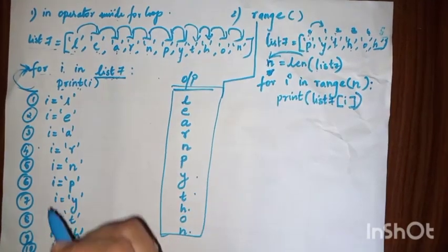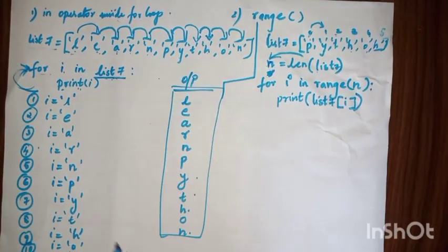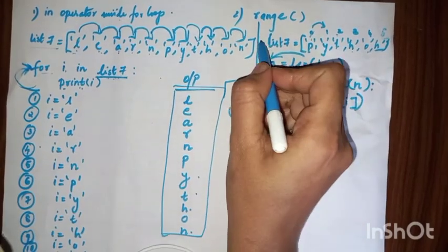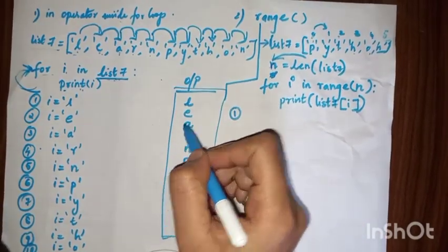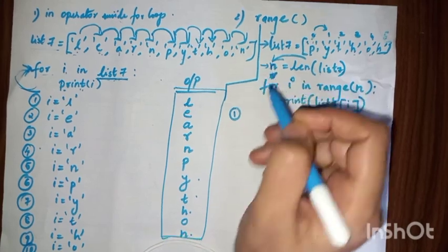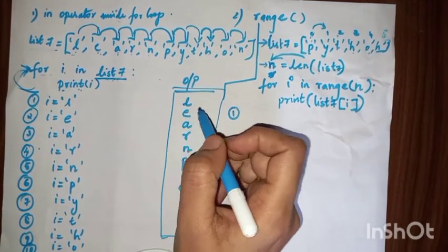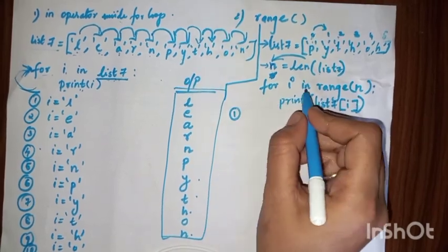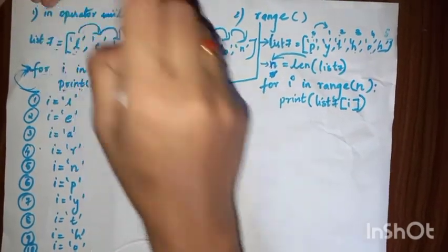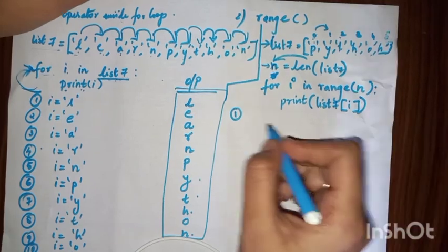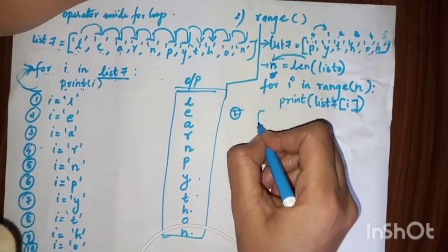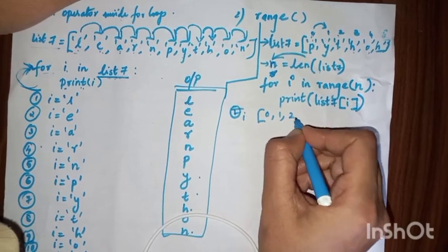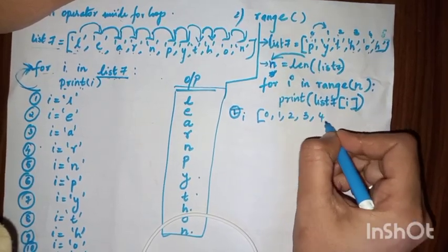So, let us see how this works. In the first iteration, first the interpreter will execute this statement, then it will go and compute the value of n as 6. Then for i in range of n, the range function gives i the values 0, 1, 2, 3, 4, 5.